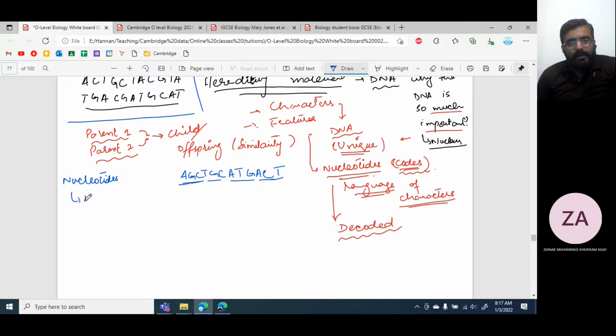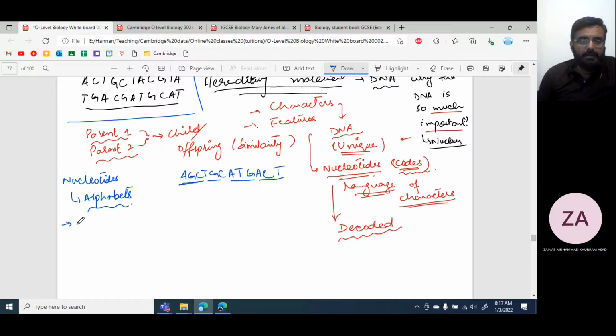are the alphabets of the DNA. These are the alphabets of the DNA. And you know very well that alphabets combine to create a word. So it definitely means that if nucleotides are alphabets, they are creating words.